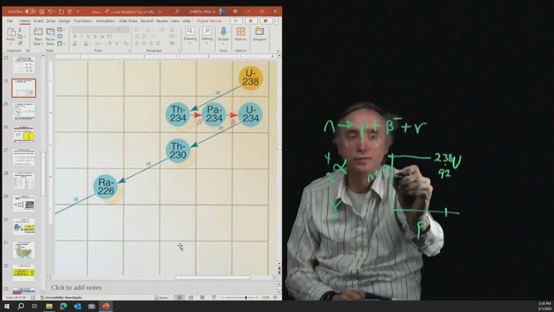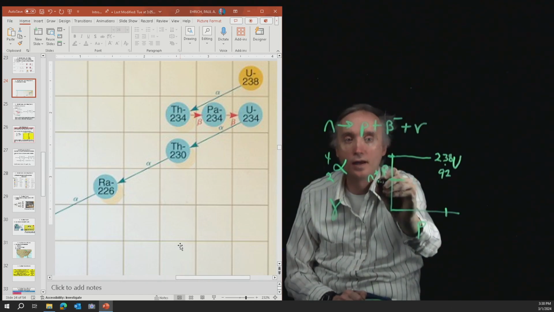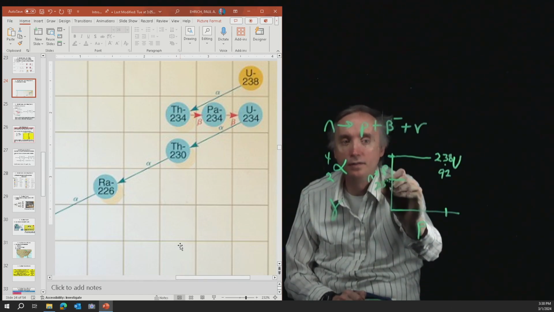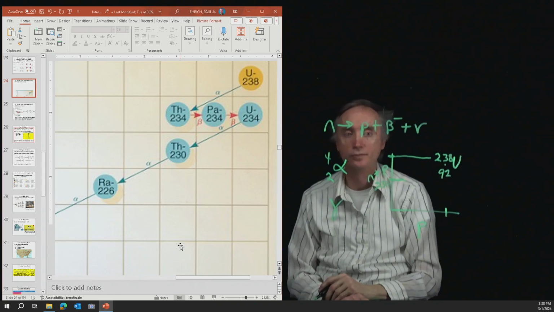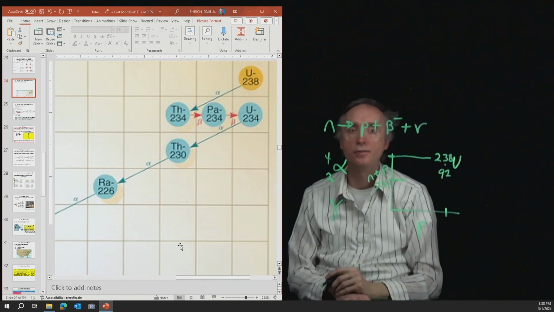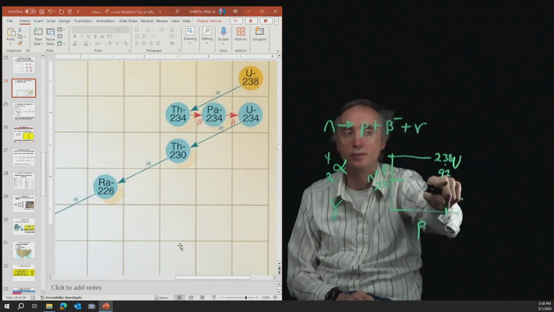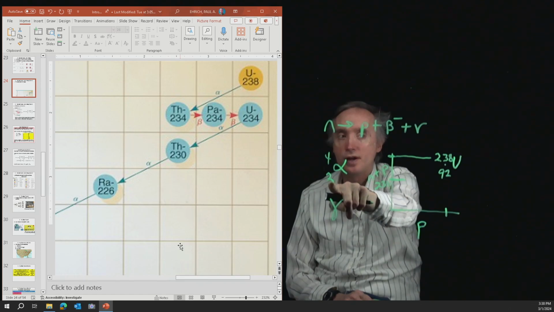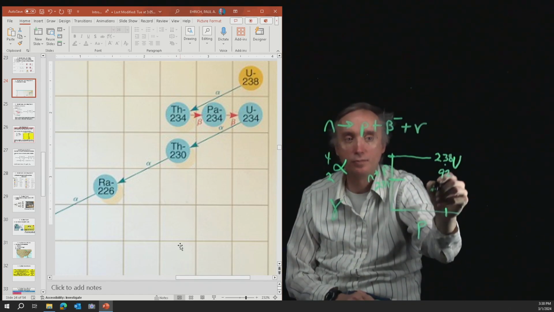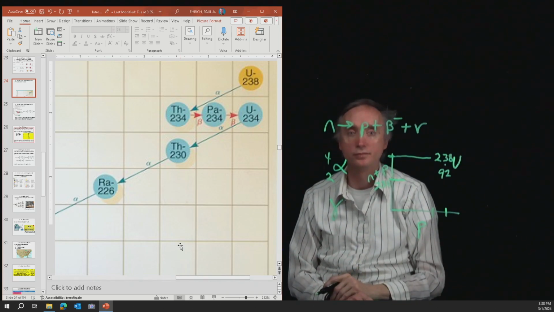So now it's over here at 234 as its total. And what happened to the bottom number? The bottom number is 92 minus 2, which is 90. So it moved a little bit over here to 90.